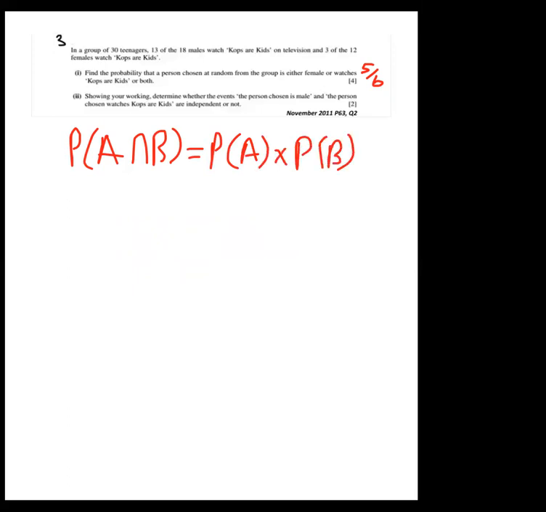So again, for independent events, this statement is true: probability of A intersection B should be equal to probability of A times probability of B. So over here, let's say A is the person chosen is male and B is that the person chosen watches Cop Circuits.